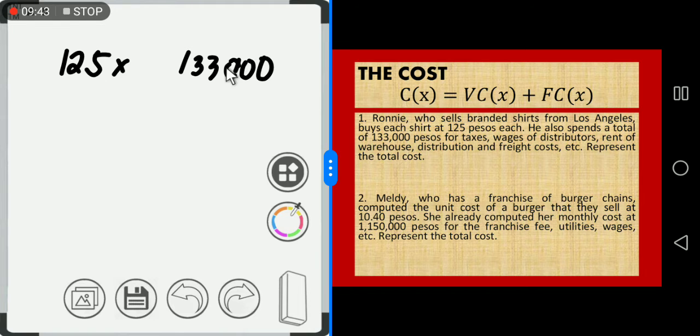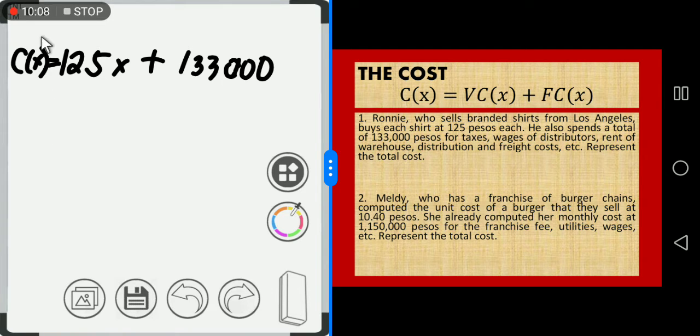But you've already learned that we cannot add the two because they are not similar terms. So if we add them, all we have to do is to put a plus sign in between them. So therefore, our cost function will be 125x plus 133,000. So yan yung kay Ronnie.